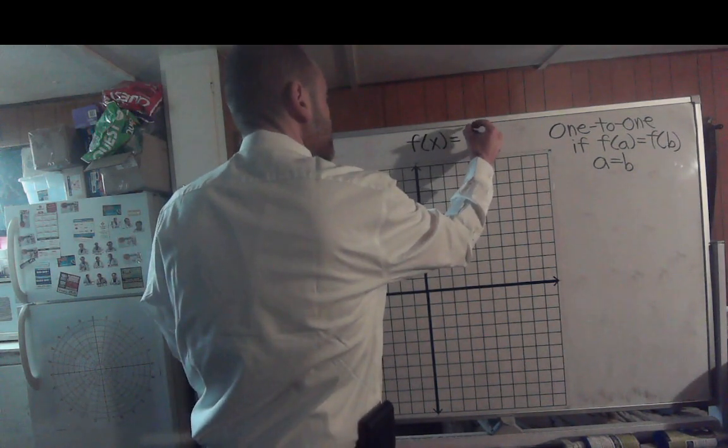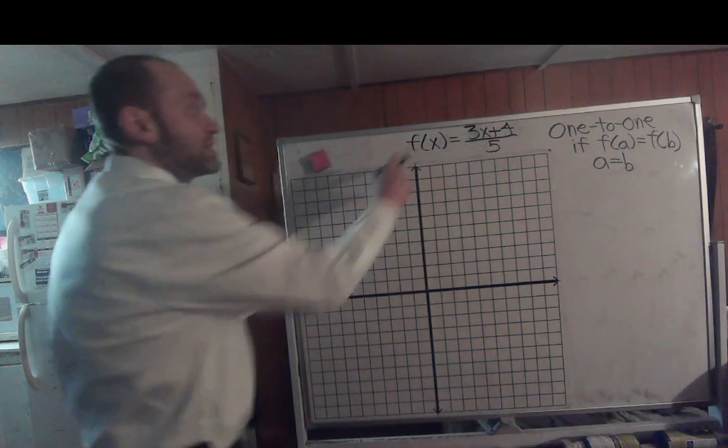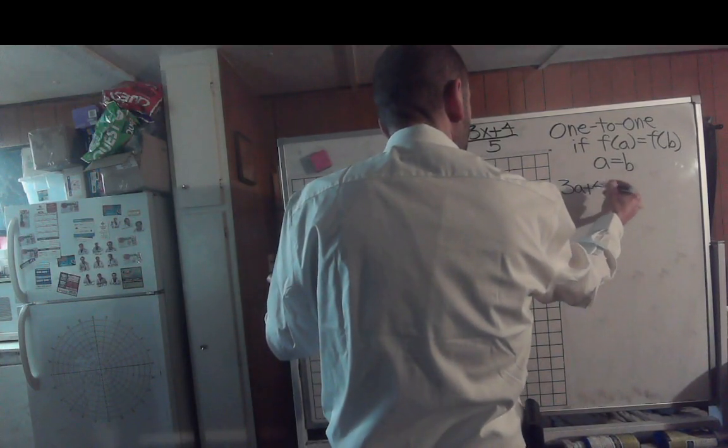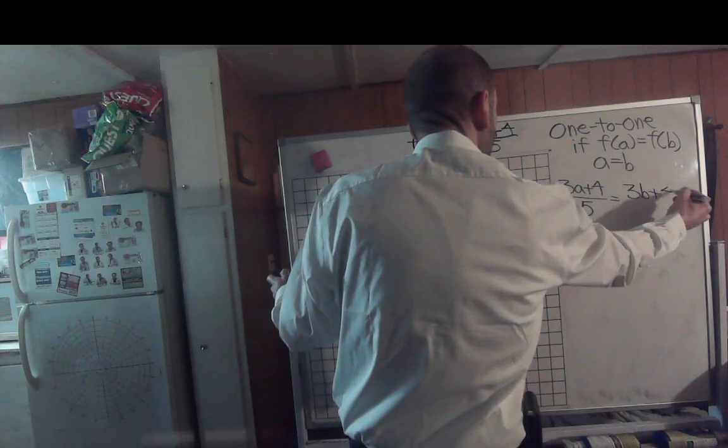Alright. F of x equals 3x plus 4 over 5. So we'll take 3a plus 4 over 5, set that equal to 3b plus 4 over 5.